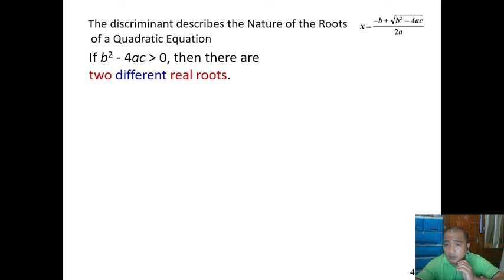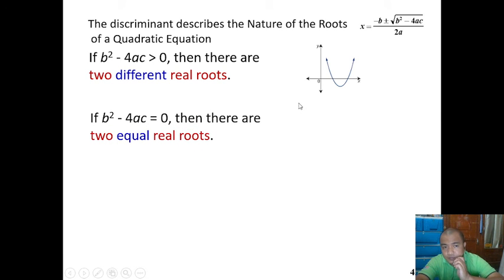x equals negative b plus or minus the square root of b squared minus 4ac all over 2a. So for the radical, if b squared minus 4ac is greater than 0, meaning positive, then there are 2 different real roots, not equal roots. And they are real, and the graph touches the x-axis twice.